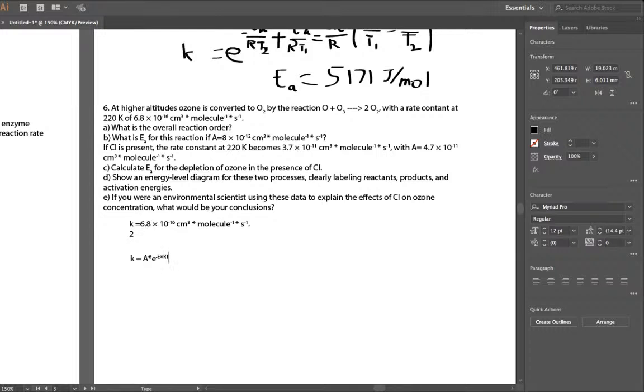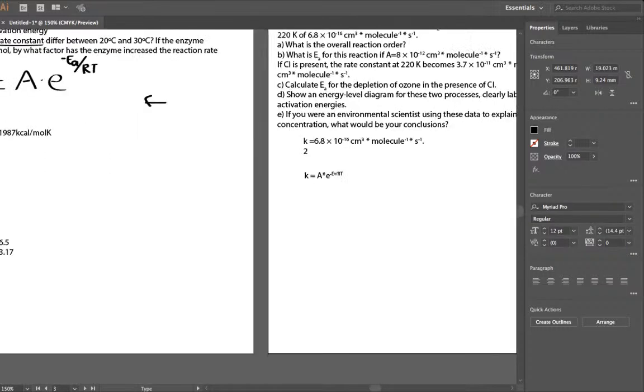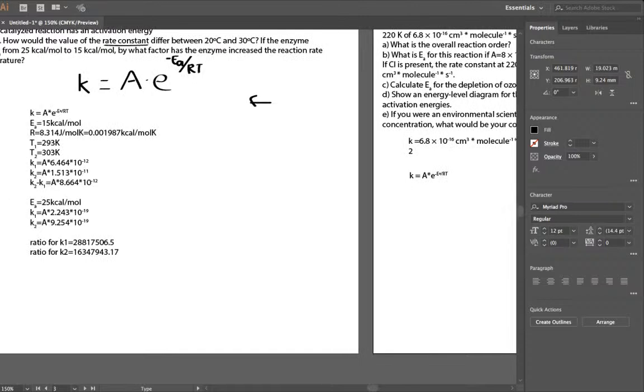And so what we get is that EA, according to all my calculations, is 70,143.71 joules per mole.